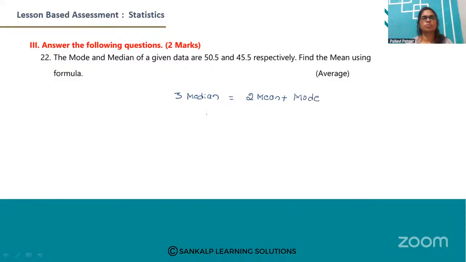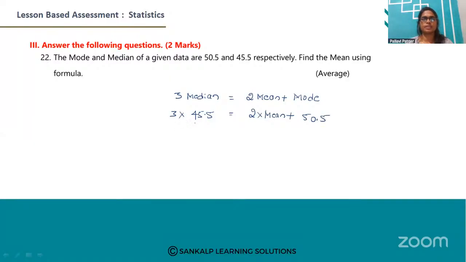So here mode and median of the given data: 3 into median is 45.5 is equal to 2 into mean plus mode is 50.5.